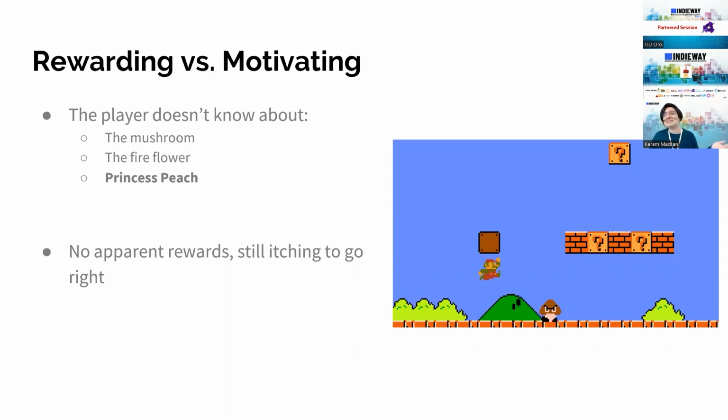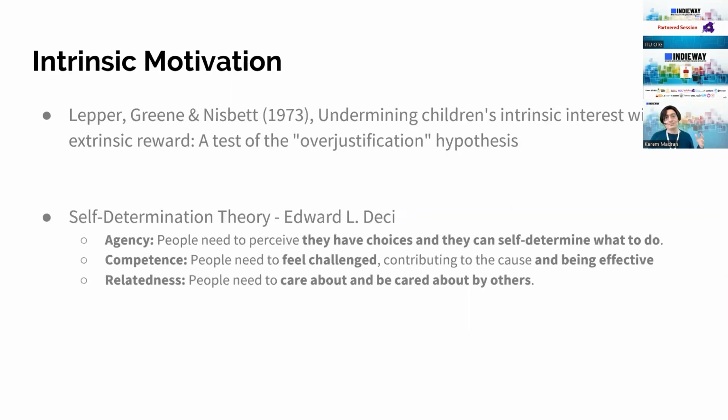And in Mario, there is a scoring system, if you may remember. There are other rewards, including the scores, and even if you don't know anything about these side rewards, you still feel like playing it.